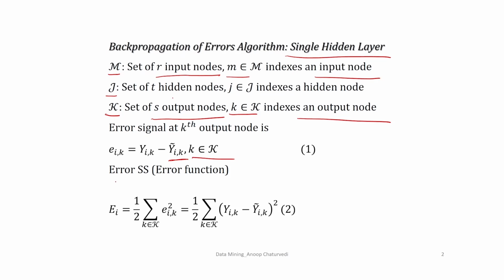Then the error function or error sum of squares is E_i equal to 1 upon 2 summation over small k belonging to capital K of E_ik square.